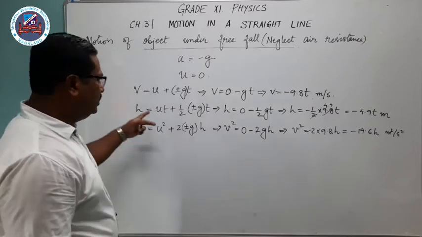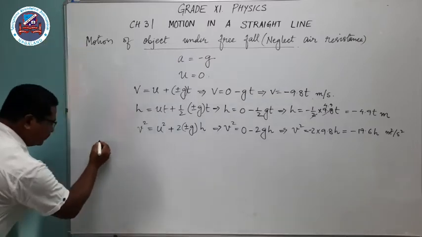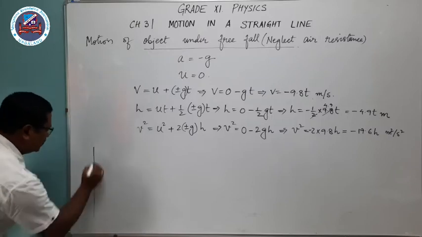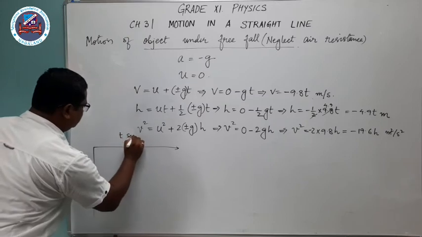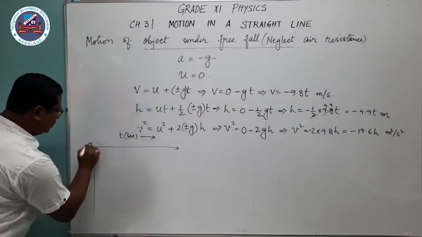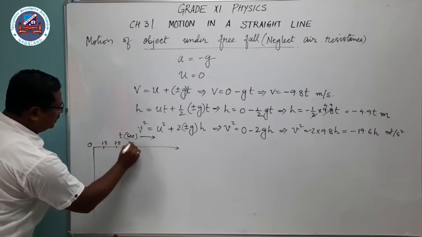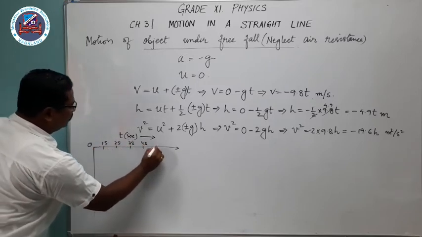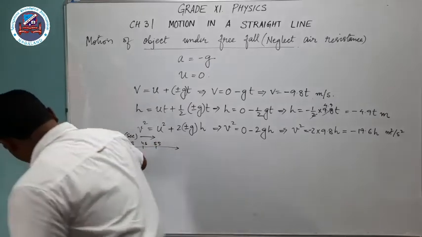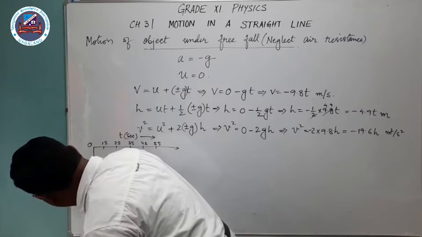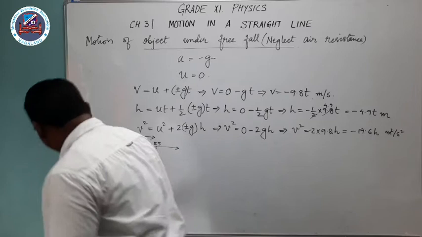Now we can interpret these results in 3 ways. First one, I'm drawing here graphically, you can represent it. If this is your time axis in seconds, suppose this is the origin, 1 second, 2 second, 3 second, 4 second, 5 second, and this side is your value of g, acceleration due to gravity, negative value of g in meter per second square.